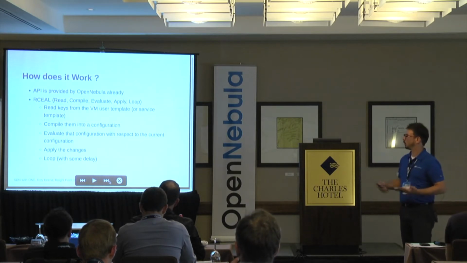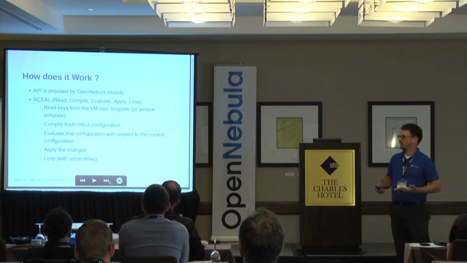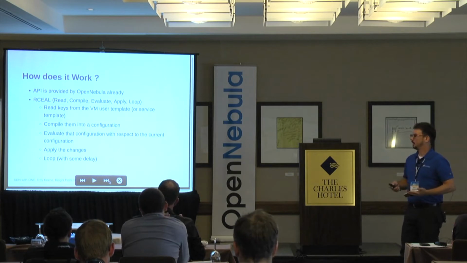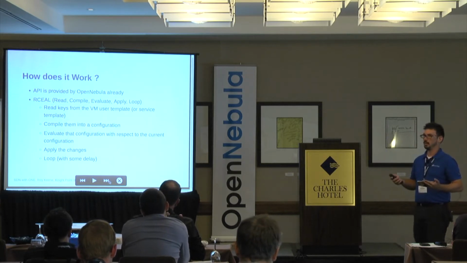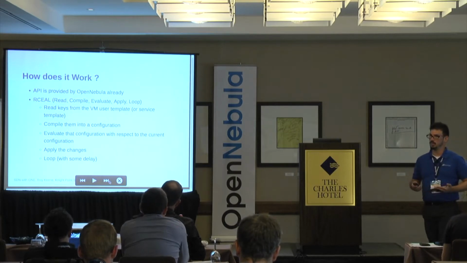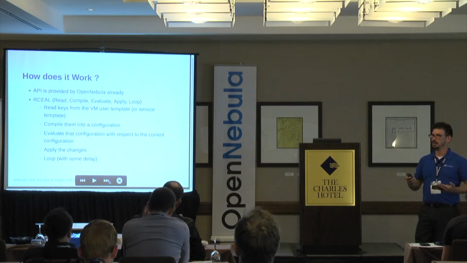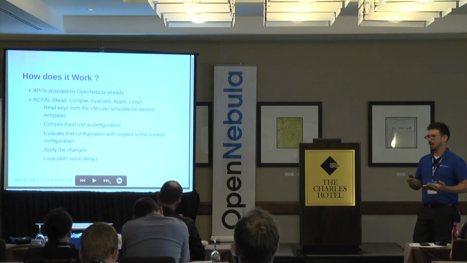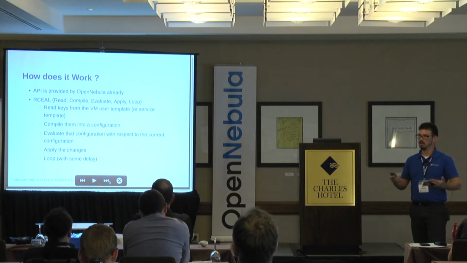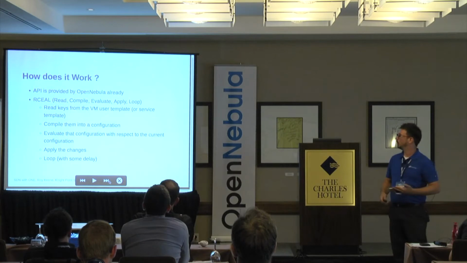So how does it work? It's real simple. OpenNebula already has an API. We don't try to create a new endpoint. Instead, you talk to the OpenNebula XML RPC endpoint, and you can set the user template, the user attributes, on that running VM, and OpenNebula already has access control and users and all of these other things. You can store this information there, and then the virtual appliance will go and read those.